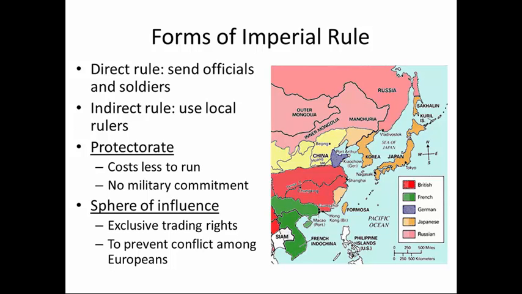Now, indirect rule is going to be used mostly by the British. And indirect rule is going to be pretty different from direct rule in that whoever was in charge of the country before still gets to be the ruler of the country. So the Sultan, the chief, whoever, still gets to govern the colony. But the British would then encourage the children of their local ruling class to get a Western-style education in Britain.